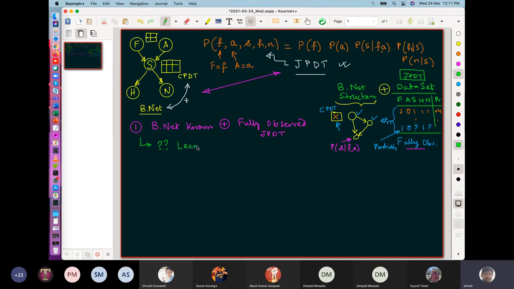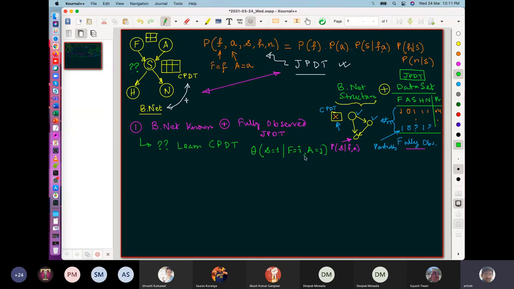So in that case, our challenge is to learn the conditional probability distribution table. Suppose we would like to learn it for, let's say, this example, sinus. This is not known to us in this problem. Let's say I want to know the conditional probability distribution table of sinusitis, which means I want to learn theta: S equal to 1, given I have a fever value of I and an allergy value of G. So this table is not known.